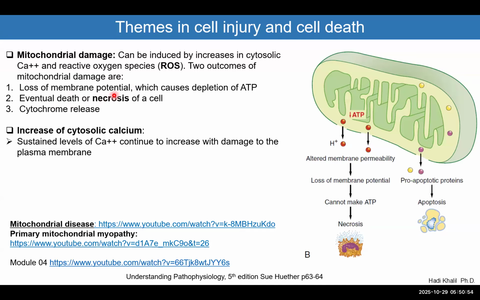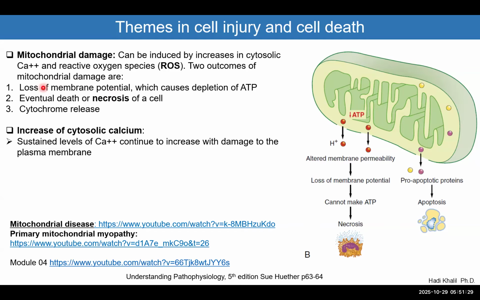If you remember the video that I showed you on the electron transport chain, this is a very, very important video. I really like it, and I would like you to watch it again and again whenever you study the mitochondria, so that you remember how these complexes are functioning, how they are placed, and how the electrons are transported from one to another.